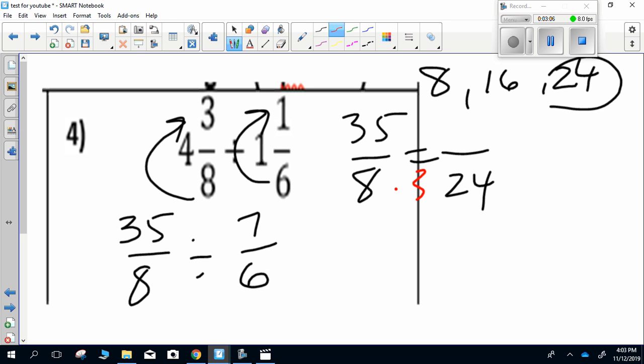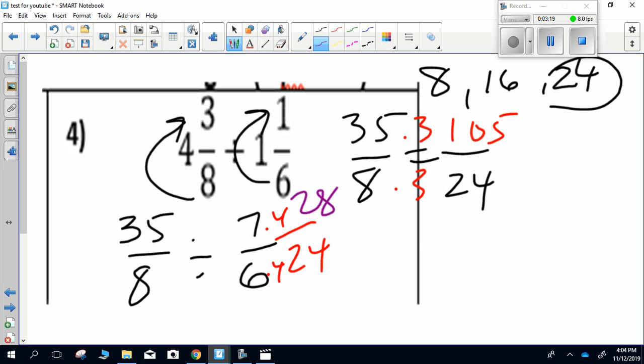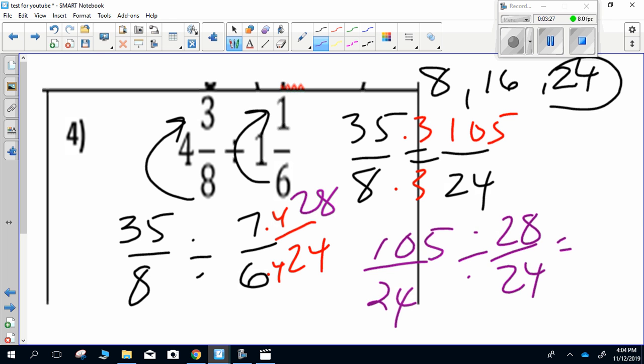So I multiply by 3 and multiply by 3, which gives me 105 24ths. And then here I've got 24, so times 4 times 4. I've got 28 24ths. So I'm going to do 105 24ths divided by 28 24ths. So my answer is 105 28ths.